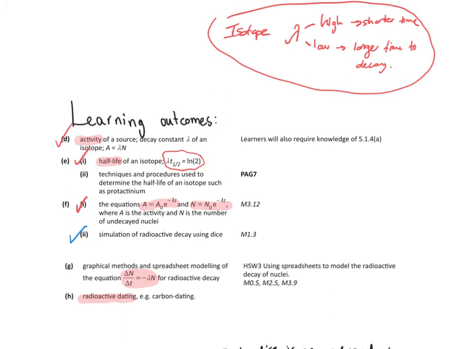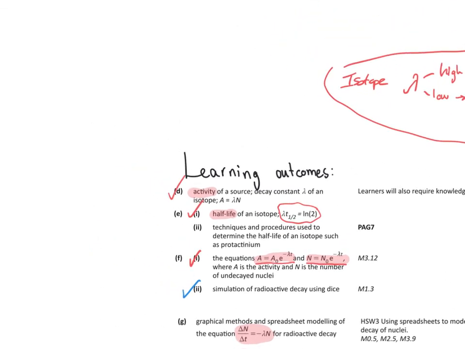Also, even though it doesn't clearly state it here, you should be able to link these two equations to the equation of a straight line. The only way to do that is to take the natural logarithms of both sides.